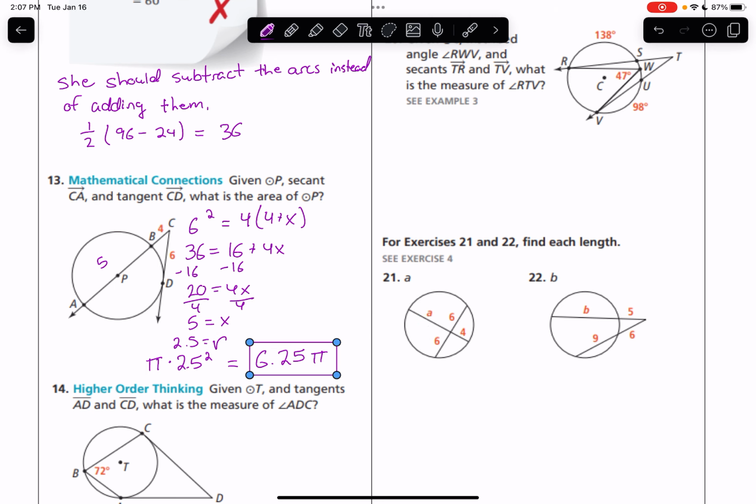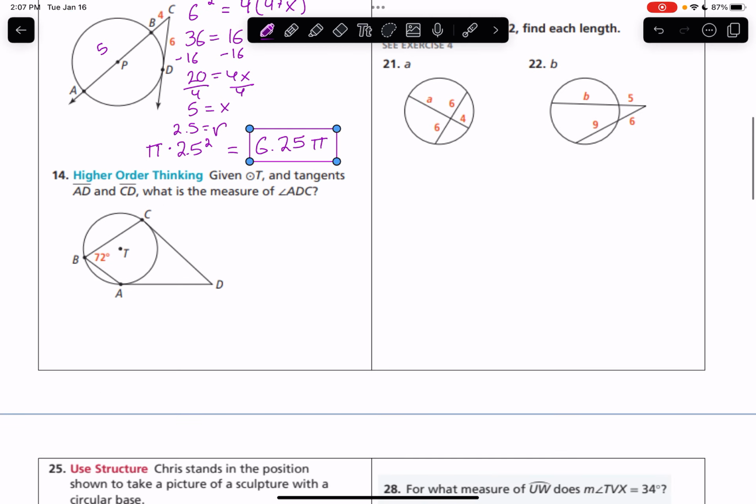Number 14, given circle T and tangents AD and CD, what is the measure of angle ADC? Well, when we think about this, I see an inscribed angle with a measure of 72. That means the intercepted arc of that angle has a measure double that, 144.